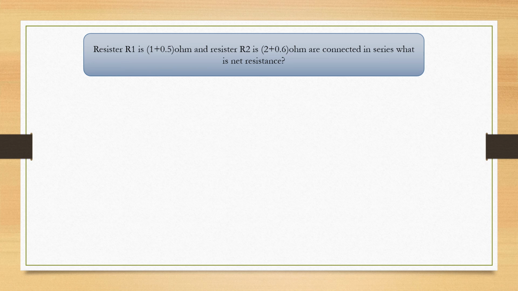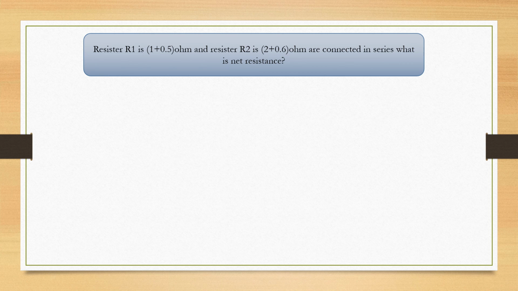The second problem: resistance R1 equals 1 ± 0.5 ohm, here we get the absolute error, and resistance R2 is 2 ± 0.6 ohm, connected in series.